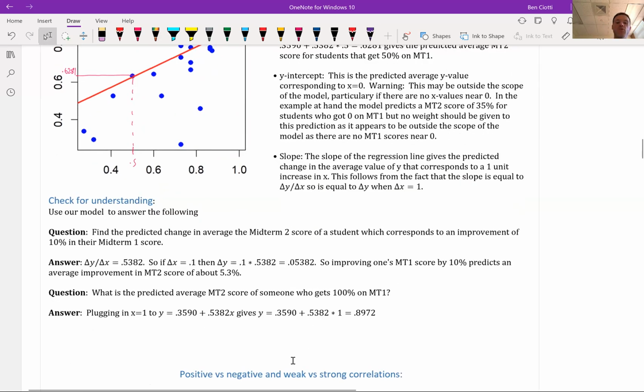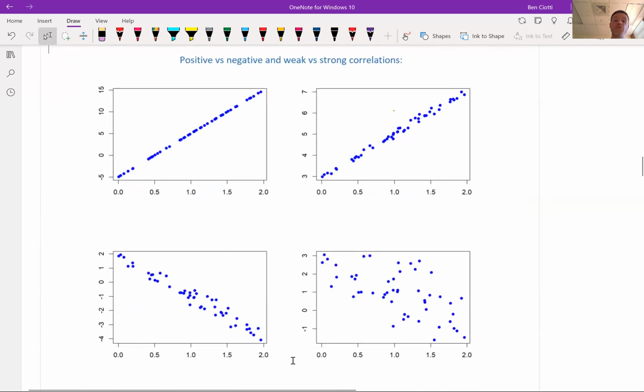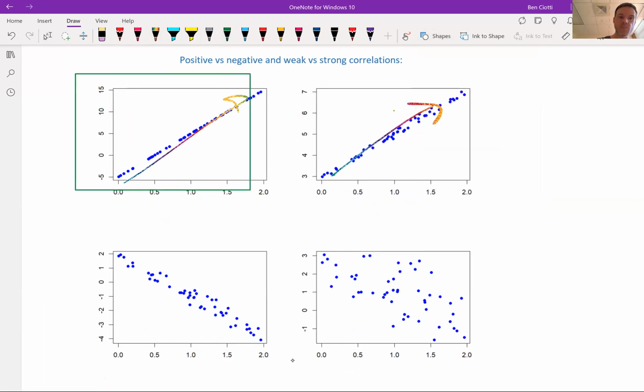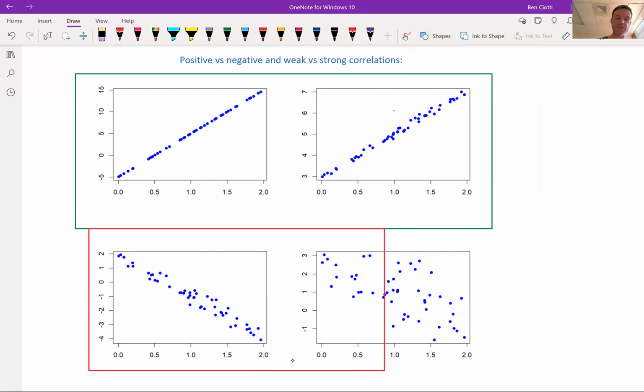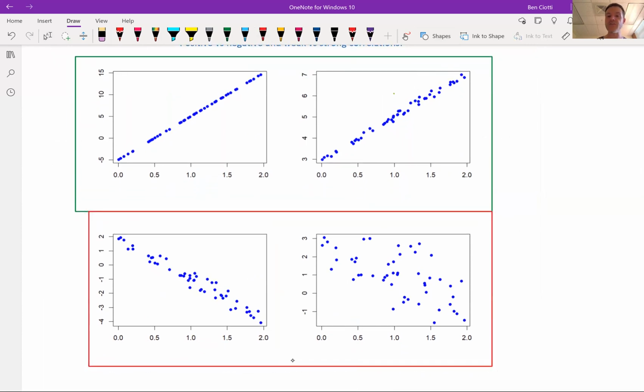Okay, cool. So here's some more terminology. You can have positive correlations. Those are correlations where an increased value of x predicts an increased value of y. And you can have negative correlations. That's where an increased value of x predicts a decreased value of y.